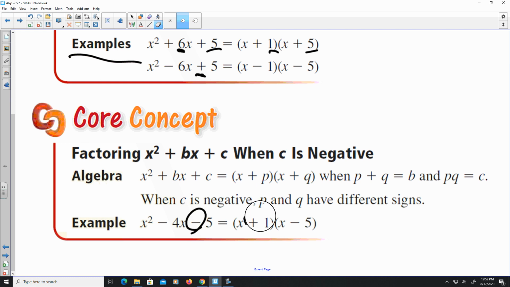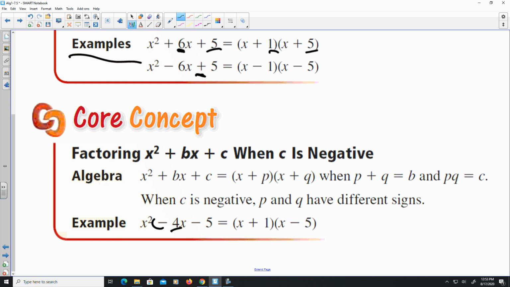So now the question that you have to ask yourself changes when that second sign is minus. Now you have to figure out two values that are going to give me a product of 5, but now their difference has to be 4. Now, where they get placed depends on which binomial you put the sign for positive and negative.